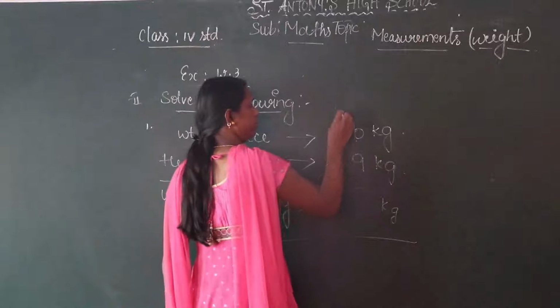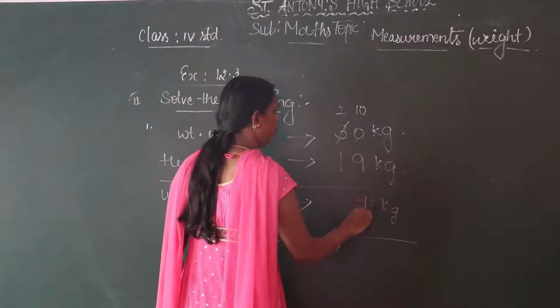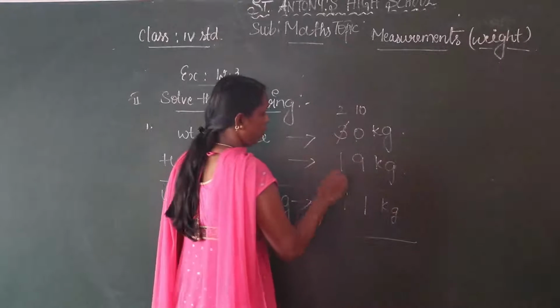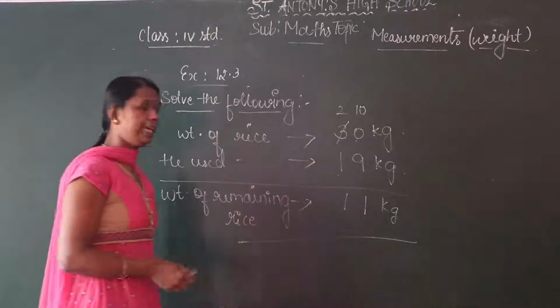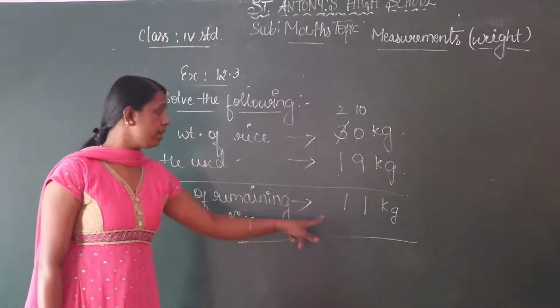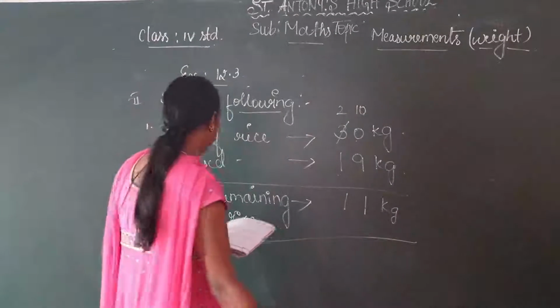This 3 becomes 2, this 0 becomes 10. 10 minus 9, 1. 2 minus 1, how much? 1. Answer is 11 kg. Therefore, the weight of the remaining rice is 11 kg. Okay. Next sum.